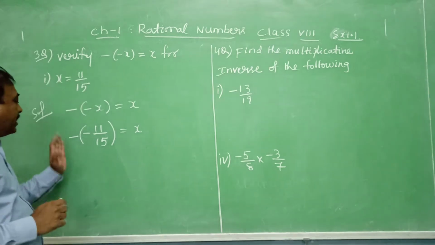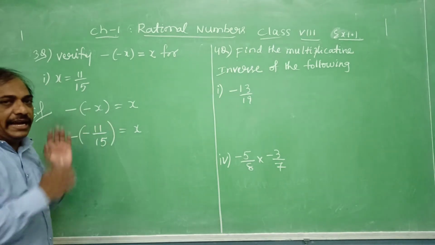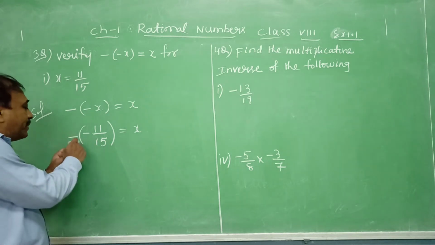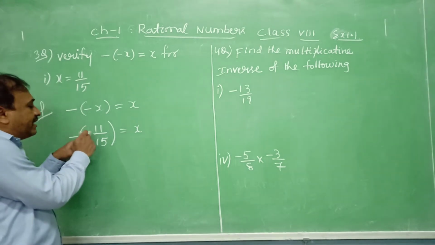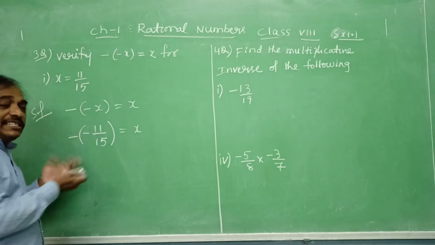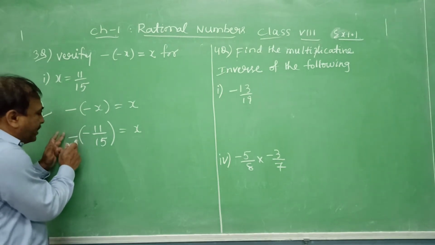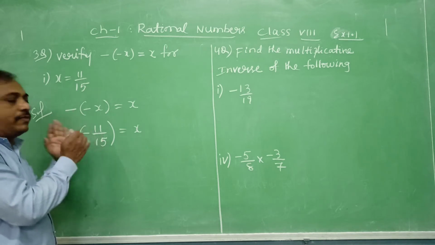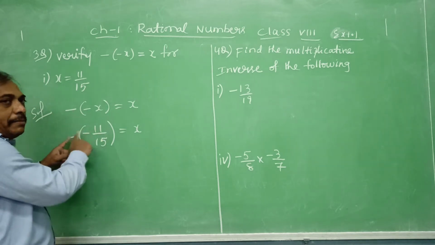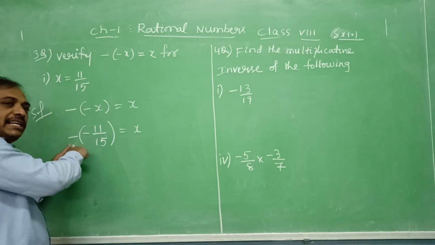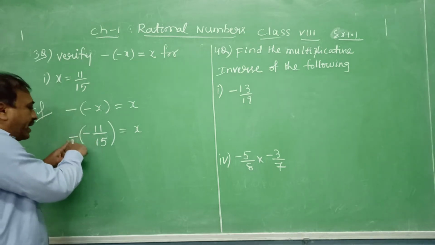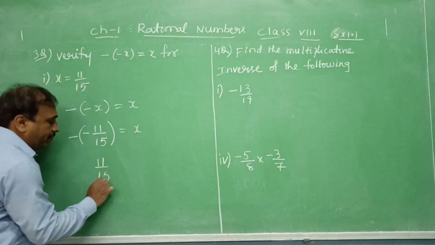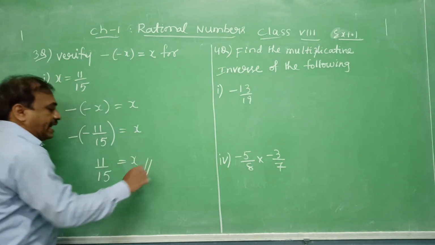Now you see the minus of minus, that means we are multiplying a negative integer with a negative integer. Where is the integer? Algebraically it is invisible, it is 1. So 1 into 11, minus 1 into minus, minus into minus is plus, plus 11 by 15, that is x.